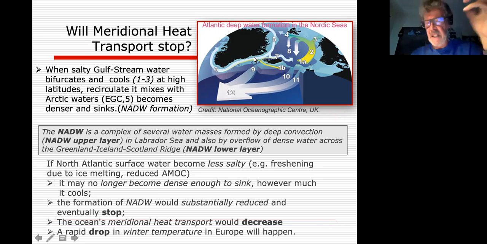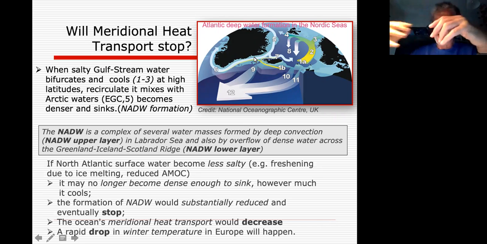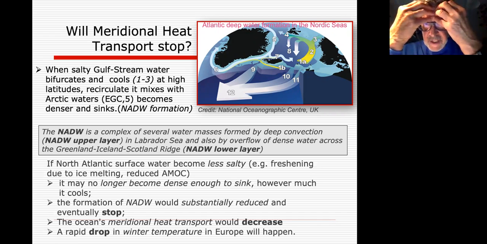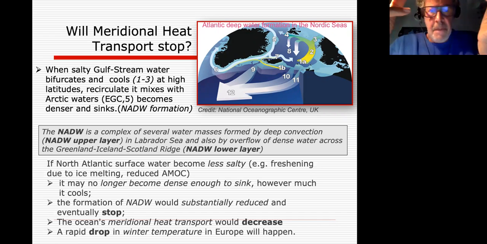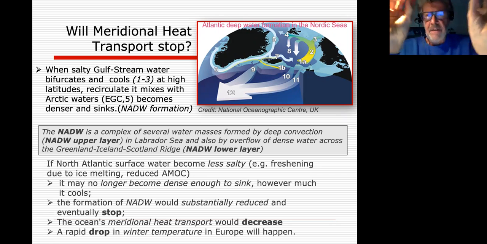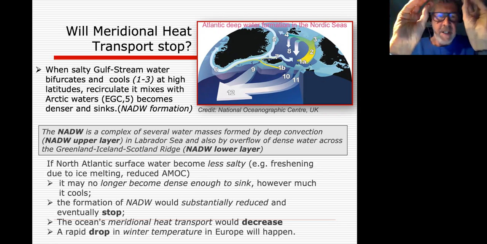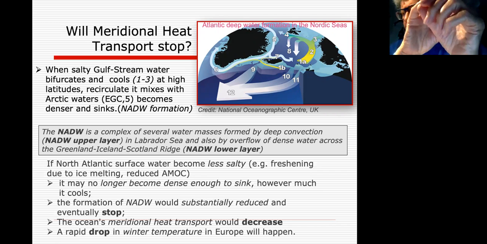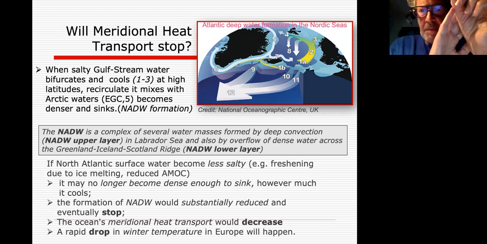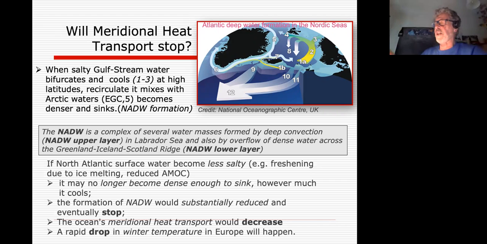In this process, the water gets denser and denser, and progressively reaches the area where sudden densification takes place, both in open ocean spots, as we saw before.